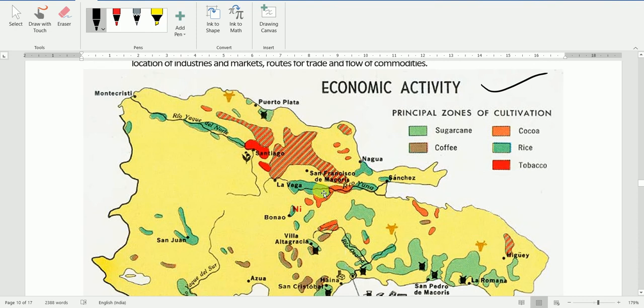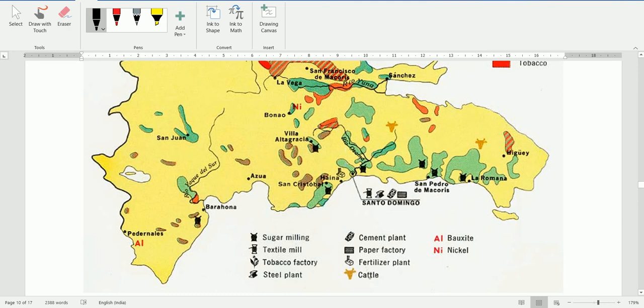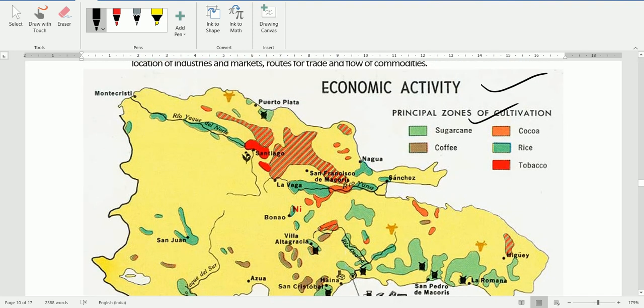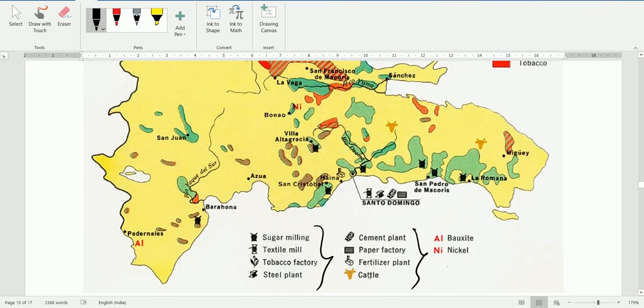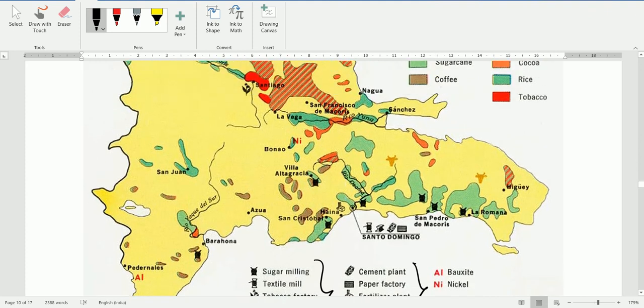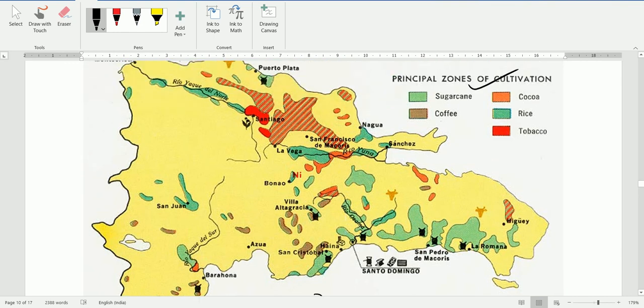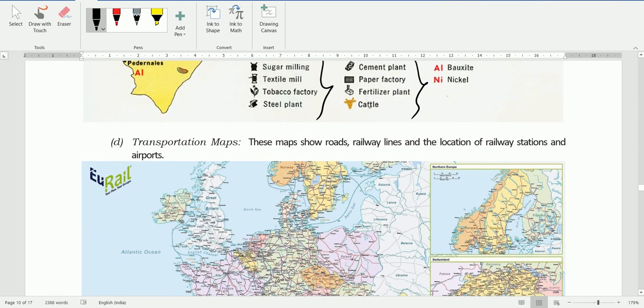It represents the crops produced in this region, and it also indicates different types of industries located on the map. So this is an example of economic maps. This is a part of the USA.